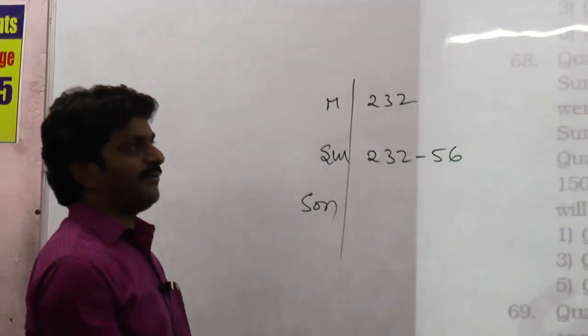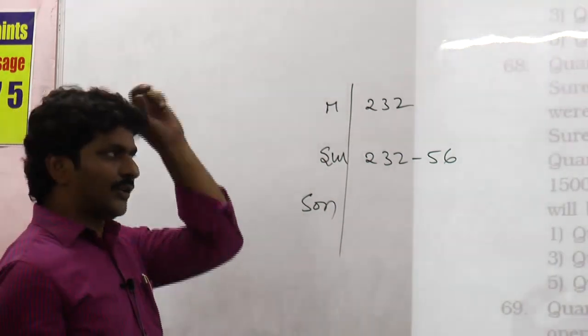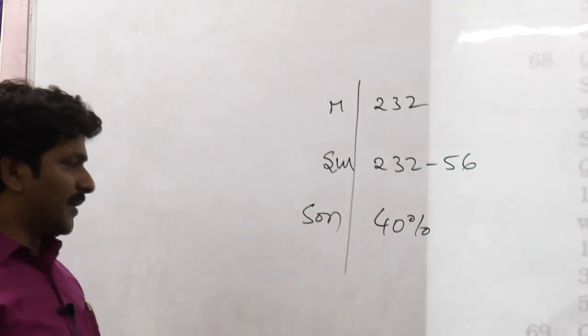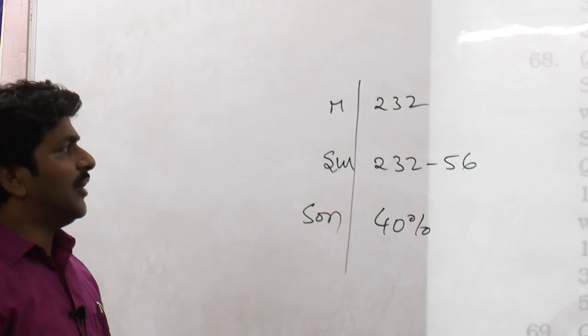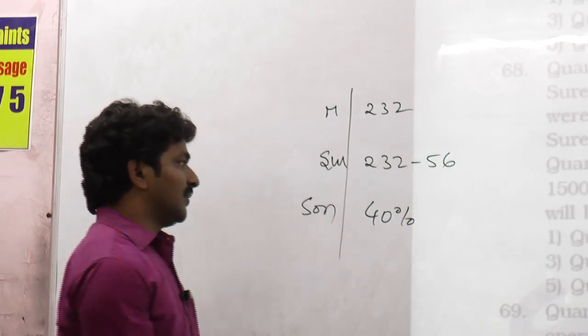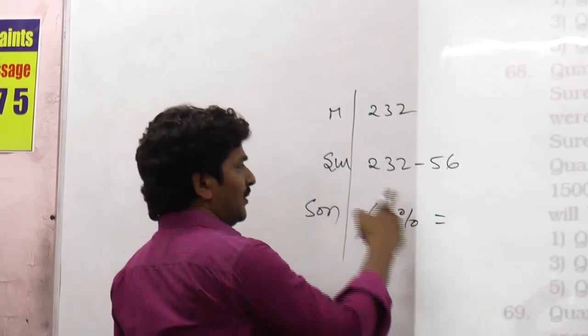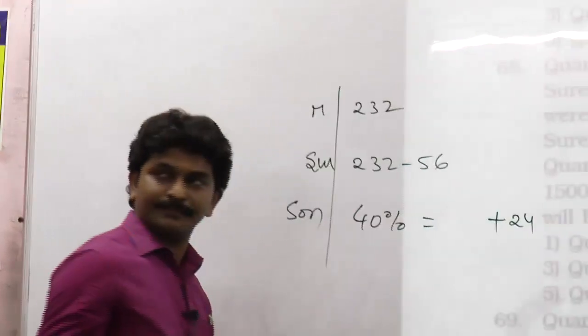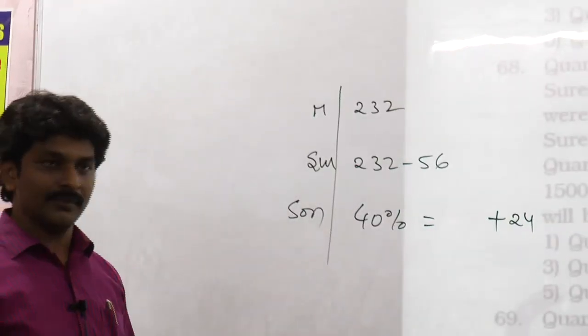Sonal got 40% of marks out of the total marks. So Sonal gets 40%, which were 24 marks more than Suresh's marks. So this is equal to marks obtained by Suresh plus 24. Am I right?